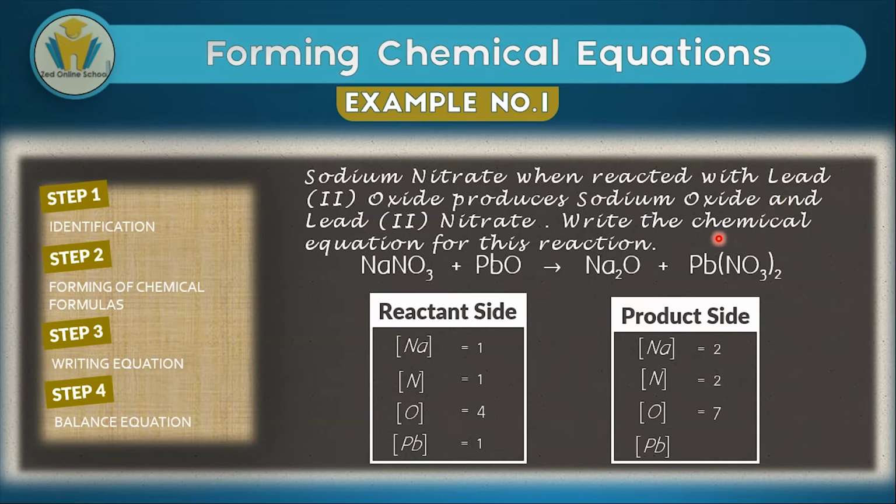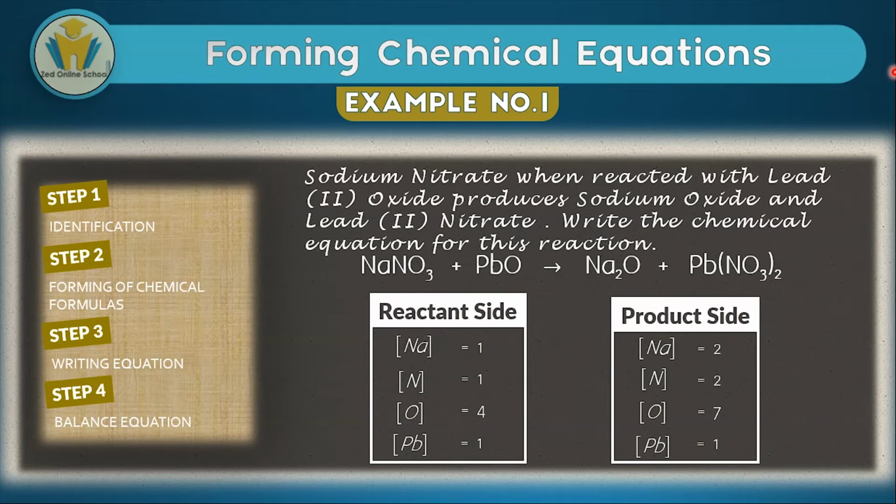Oxygen becomes 7 because we've got this other atom which is bonded with sodium oxide. Lead is still 1. Now, if we compare the values of each atom on the reactant side and the product side, we'll see that the only element that is balanced in this chemical equation is lead.